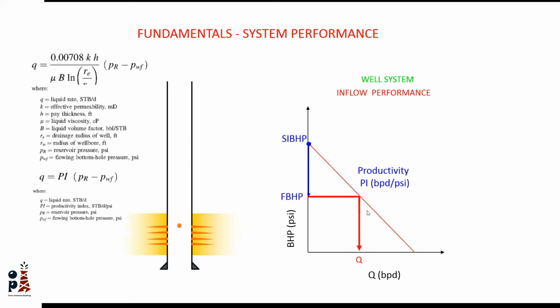We draw a straight line for simplicity, and this is the inflow performance relationship. It will depend on the K, which is our permeability, the H, which is the reservoir thickness, the skin, which we will assume 0 in our exercise, and the reservoir fluid properties, mainly the formation volume factors and the viscosities.